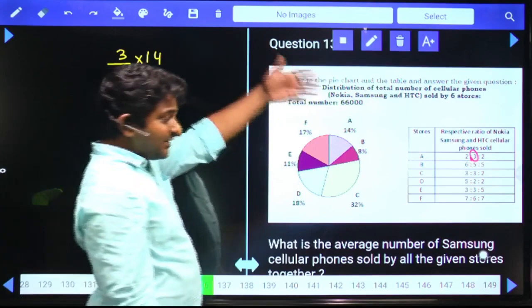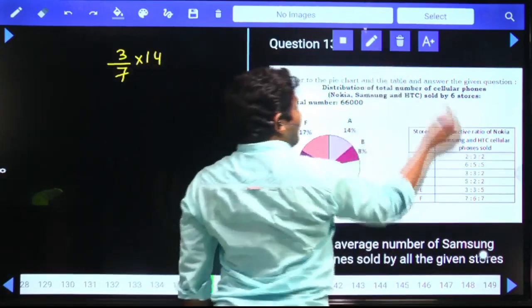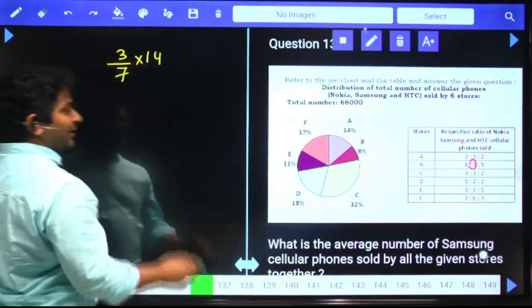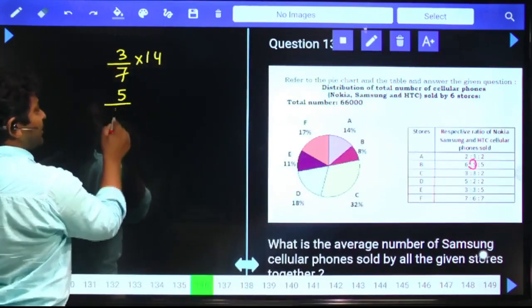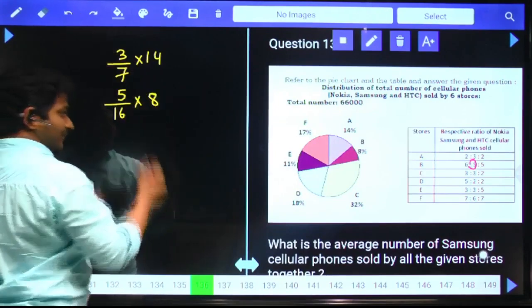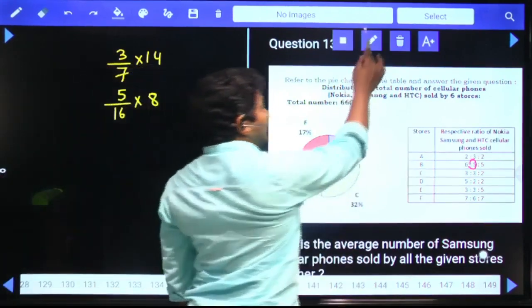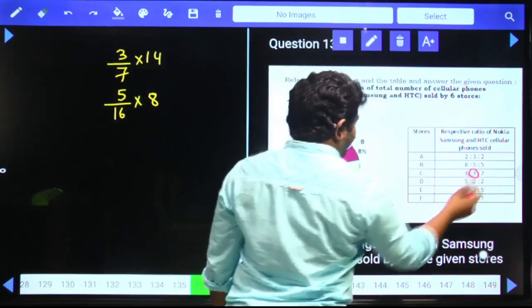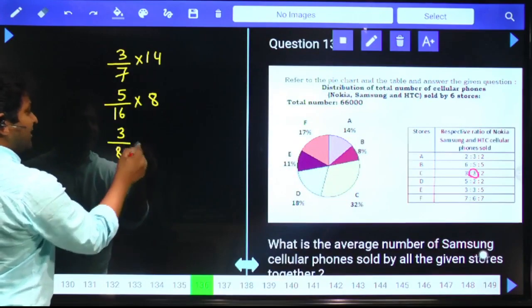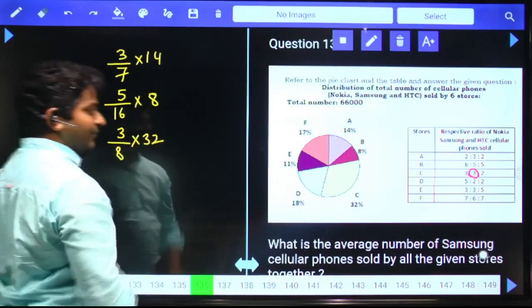We'll convert percentage to number later. 5 parts out of 16 parts among 8%. Next, 3 parts out of 8 parts among 32.